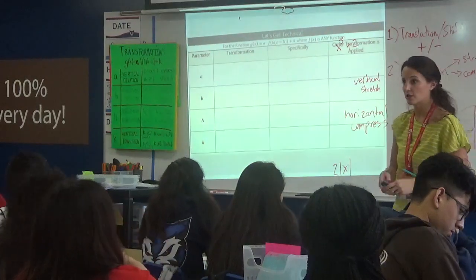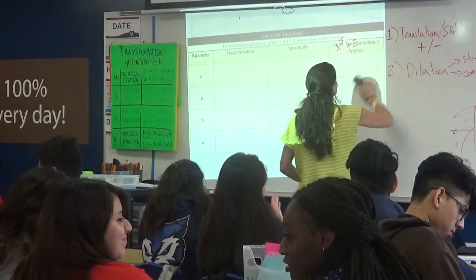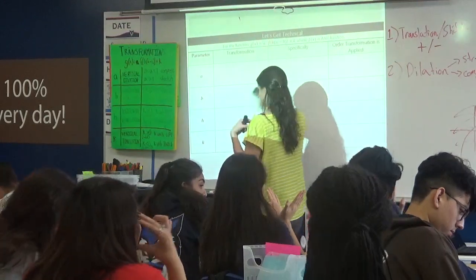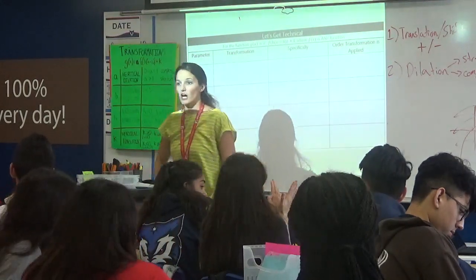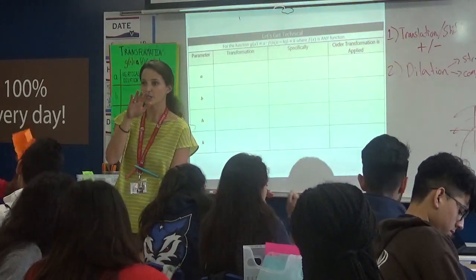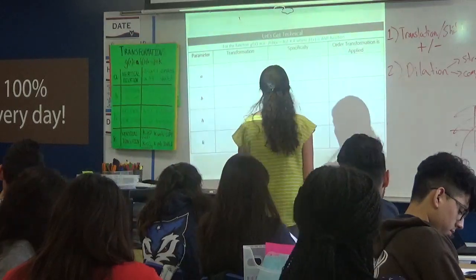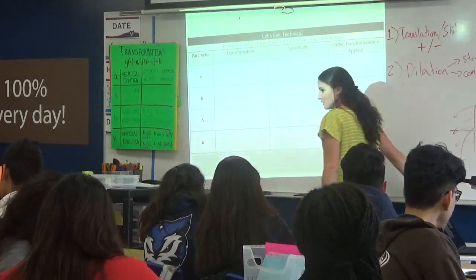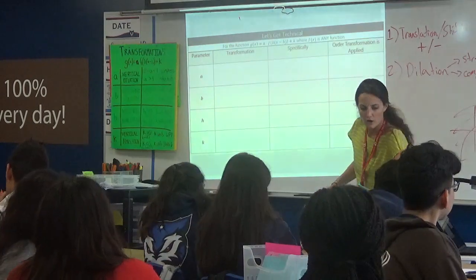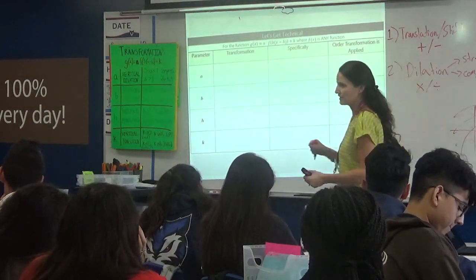Okay, so let's go to our little box. We talked about, in our observations, kind of exploring, adding or subtracting on the inside, adding or subtracting on the outside, and also multiplying or dividing, dilating on the inside or outside.